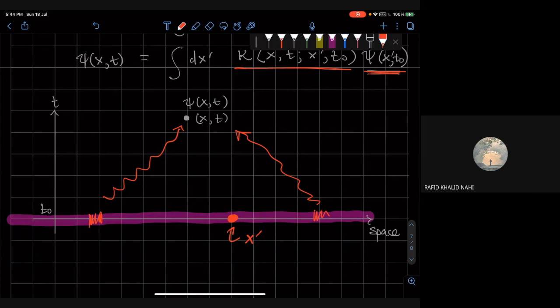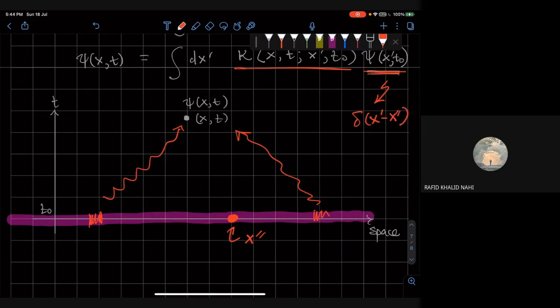So this would be given by delta of x minus x double prime.